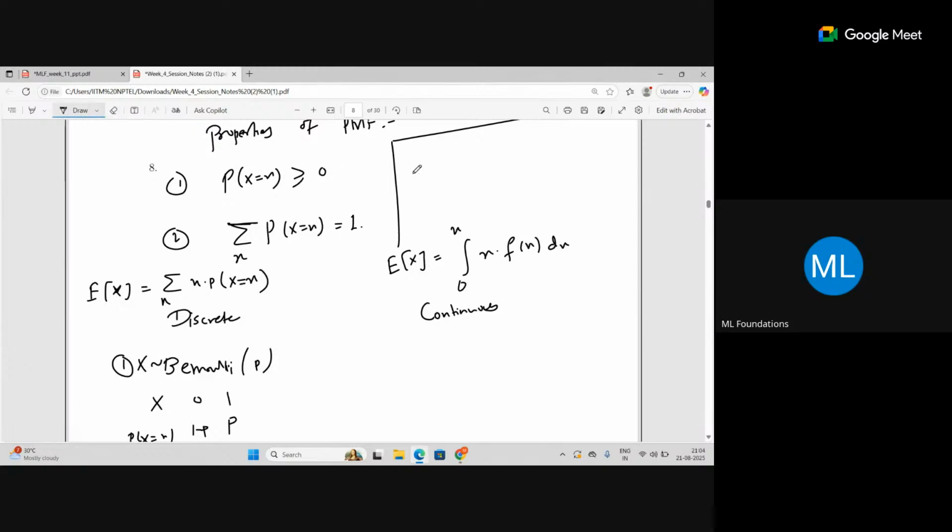Basically, variance of x is the expectation of x square minus the expectation of x, whole square. And I think that is also for the independent case, if they are uncorrelated, then only we can use this formula.